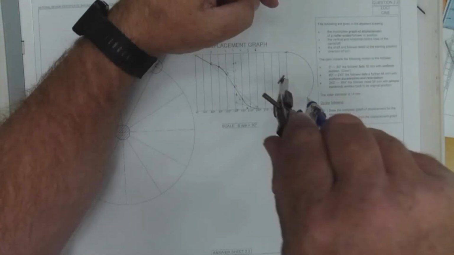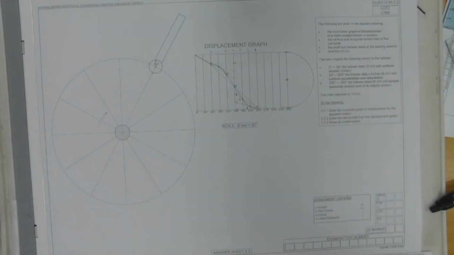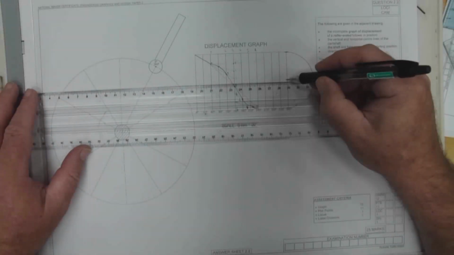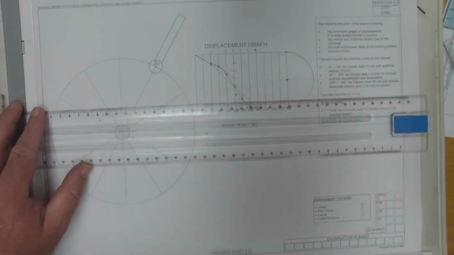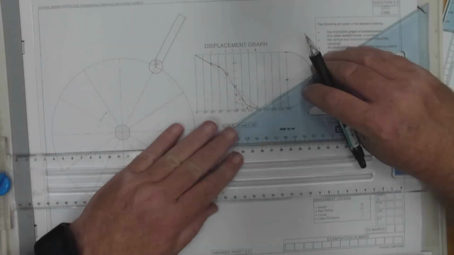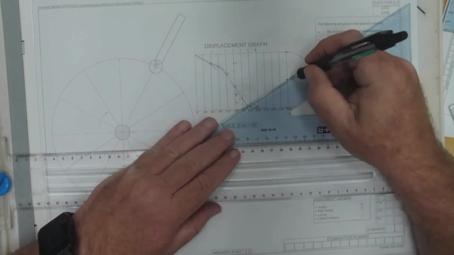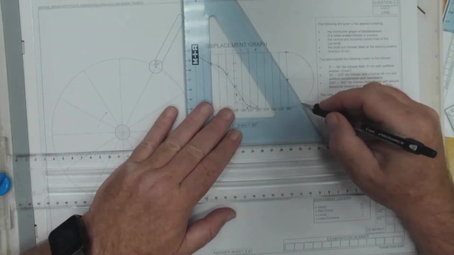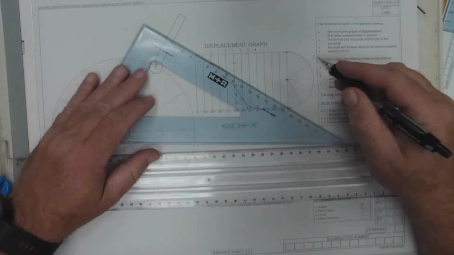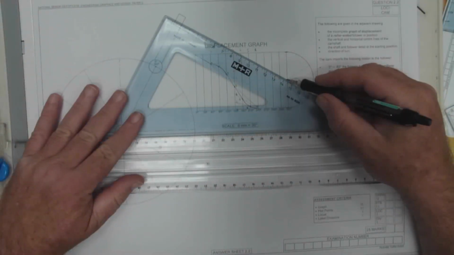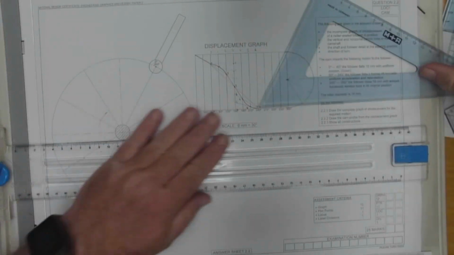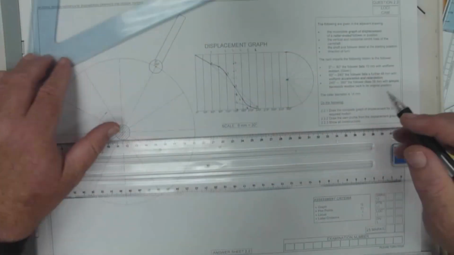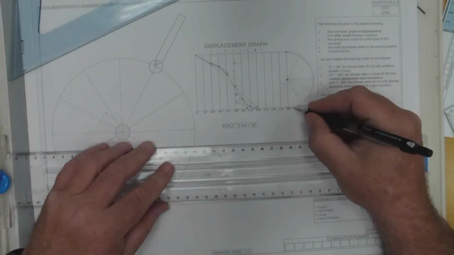Here's my semicircle. Do our divisions. Now we're starting at the bottom, so I would label that at 0.